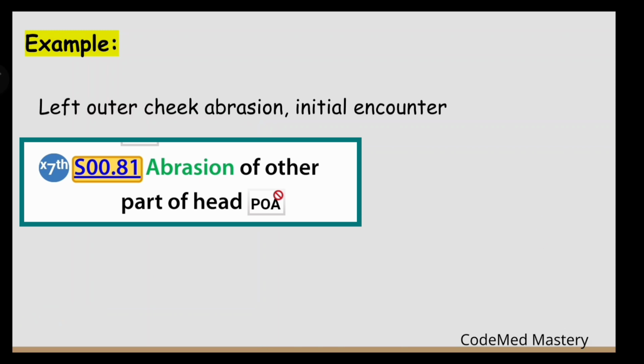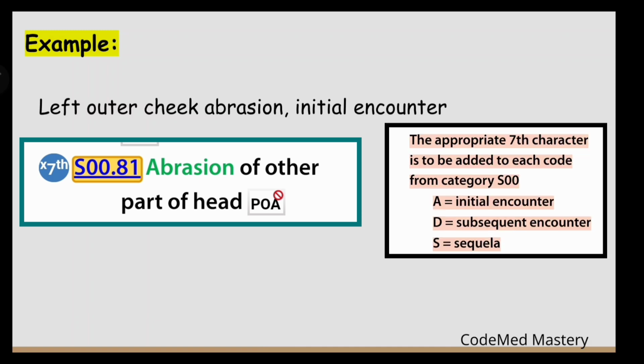Below the category S00, they have mentioned the appropriate seventh character is to be added to each code from the category S00, that is A for initial encounter, D for subsequent encounter, S for sequela. In the example, they have mentioned initial encounter. So we have to use the seventh character A. So we will code it as S00.81XA.